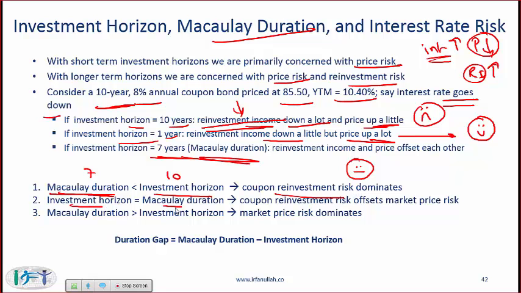If the two are equal, then the coupon reinvestment risk offsets the market price risk, and if the Macaulay duration is greater than the investment horizon, then the market price dominates. The definition of a duration gap is the Macaulay duration minus the investment horizon. So in the scenario where investment horizon is 1 year, the duration gap is equal to 6.